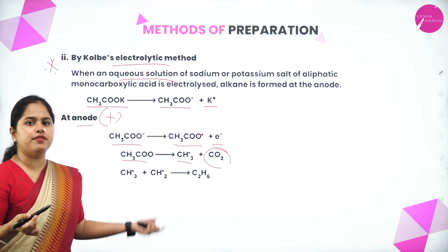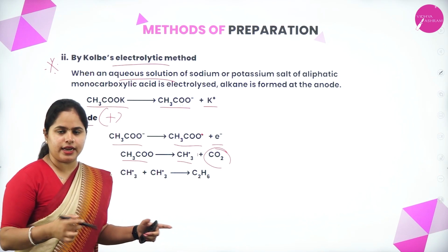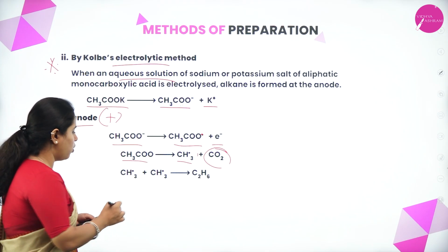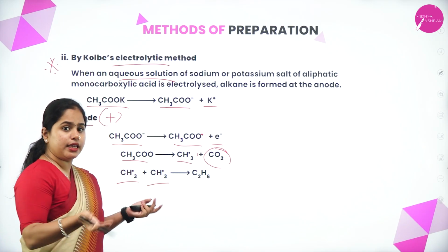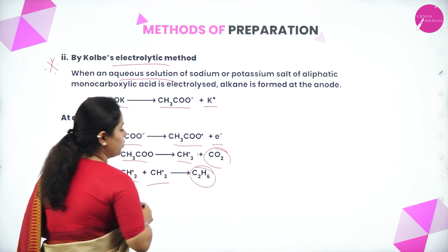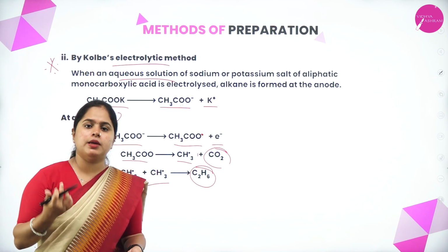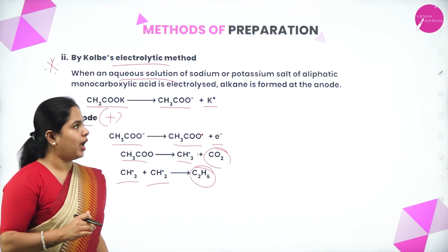Okay, carbon dioxide will be liberated at the anode. Now you have one CH3 radical. Further, this reaction will take place in several steps, right? So again you will get CH3 radical. So two CH3 radicals will combine and form C2H6. So which is the electrode at which you are obtaining the alkane? It is the anode. So the alkane will be obtained at the anode, right?